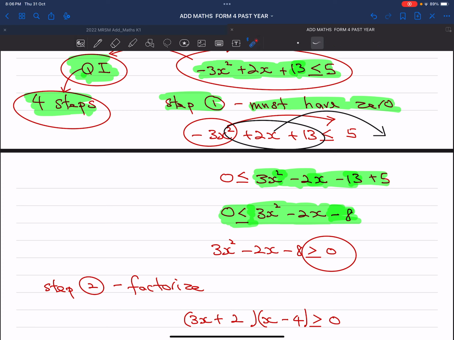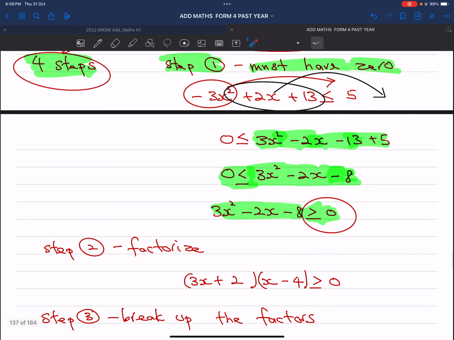I'm going to write 3x squared minus 2x minus 8 on the left hand side, and it will become more than or equal to 0. What have I done? I just exchange the whole expression. We are looking from here, it becomes more than. So we have already settled our step 1 where we have our 0.